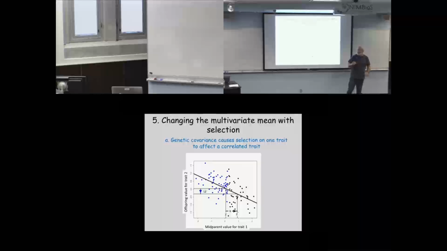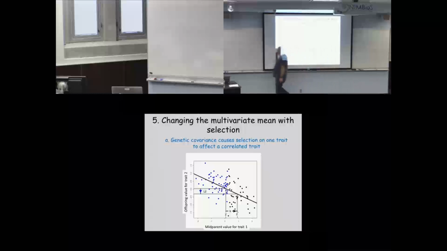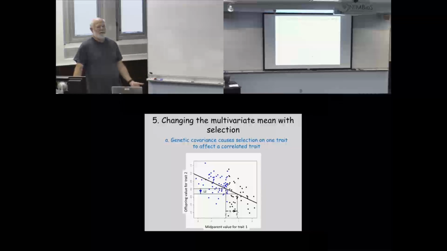In the ideal case, you'd want to take this negative correlation between these two traits into account and design a direction of selection that would produce favorable responses in both traits if you can do it. And the matrix formulation that we're dealing with, although it's not so obvious from this slide, is capable of that kind of contrivance. It was first pioneered by animal breeders and plant breeders, and then adapted by Lande and recast to deal with evolutionary problems. But this is the phenomenon of correlated responses to selection being in an unfavorable direction for a breeder.